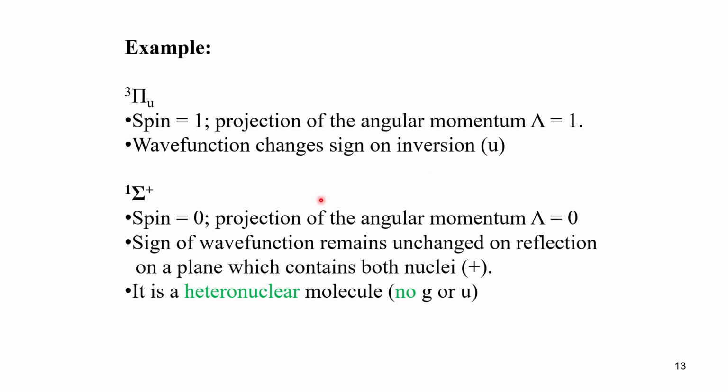While the symbol for singlet sigma plus indicates a spin of 0 and lambda equals 0. So it has the state symbol of sigma and a wave function that remains unchanged upon reflection. Therefore, it has the symbol of plus here.